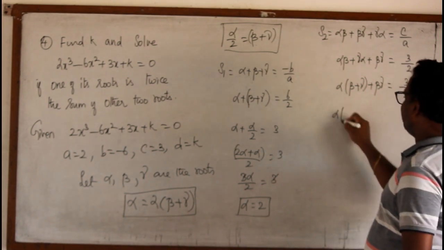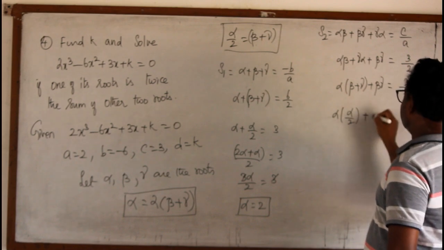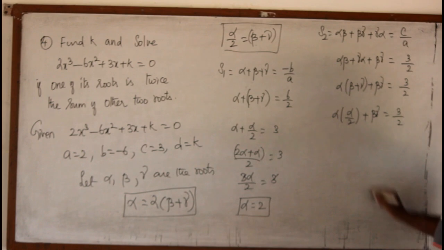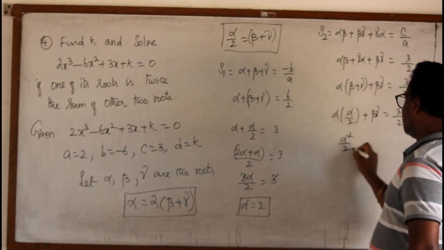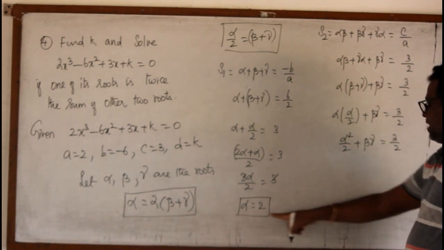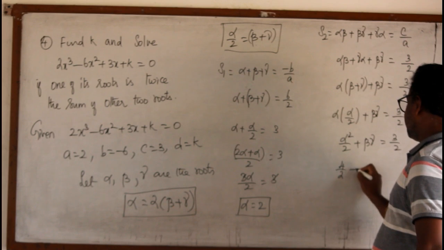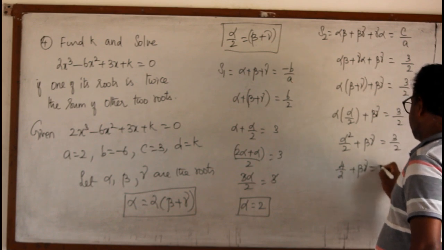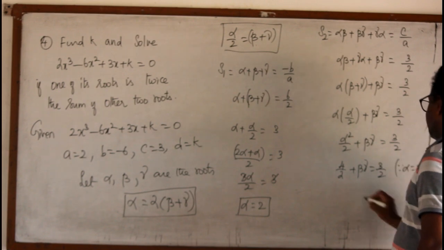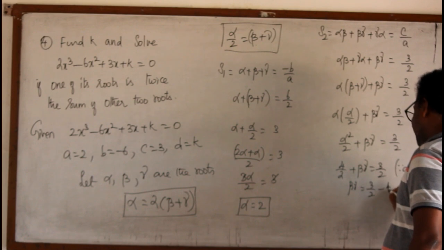Now, alpha(beta plus gamma) is alpha times minus alpha by 2, that is minus alpha square by 2 plus beta gamma equal to 3 by 2. Alpha is 2, so 2 square is 4 by 2 plus beta gamma equal to 3 by 2.